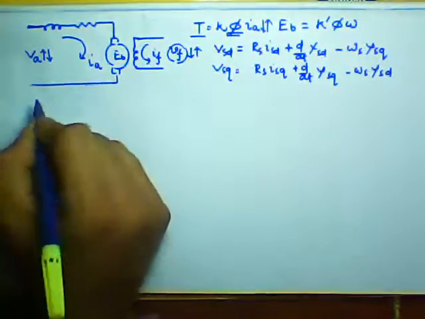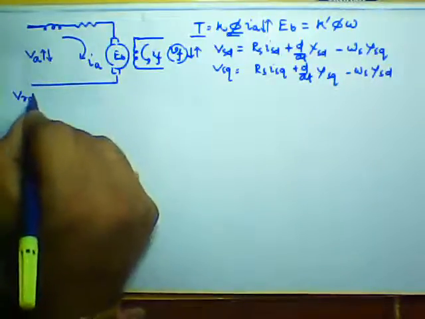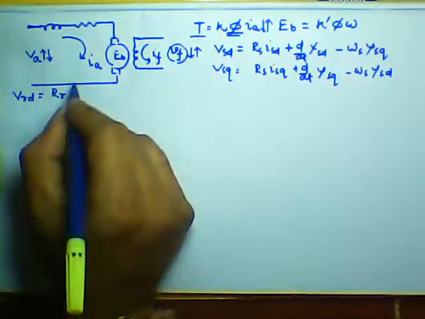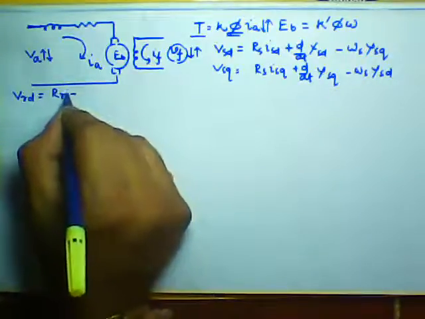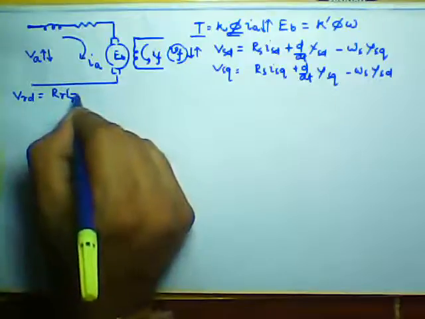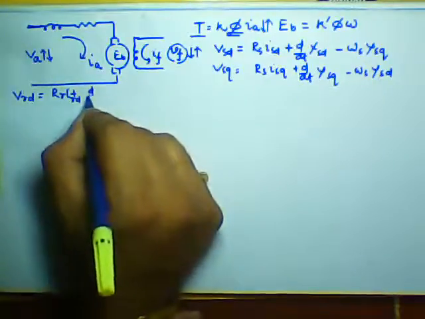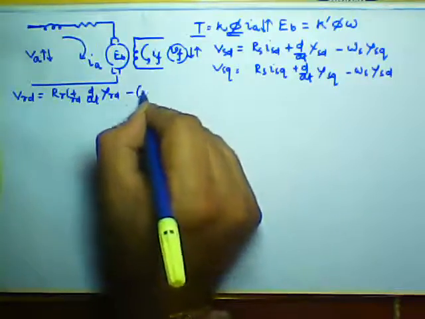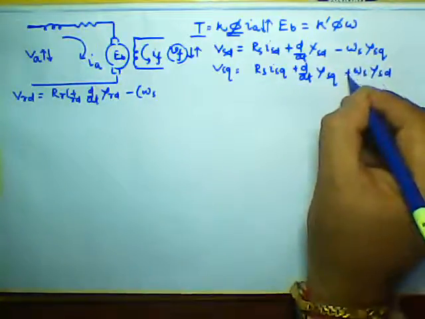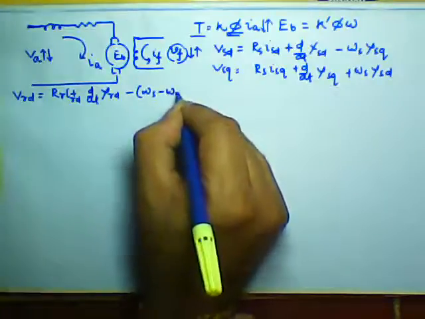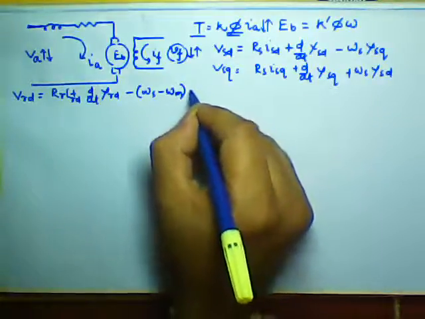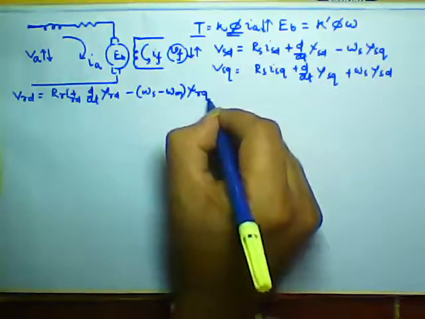Similarly, for the rotor direct axis voltage equation, VRD is equal to RR, the rotor resistance, into IRD plus d/dt of psi RD minus omega s minus omega m, where omega m is the mechanical speed of the rotor, into psi RQ.